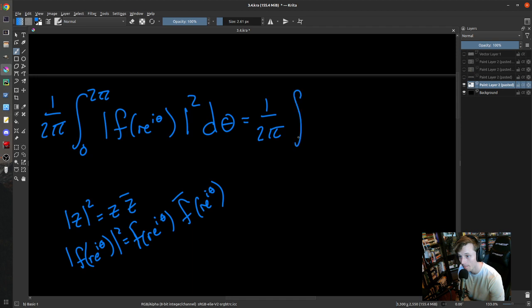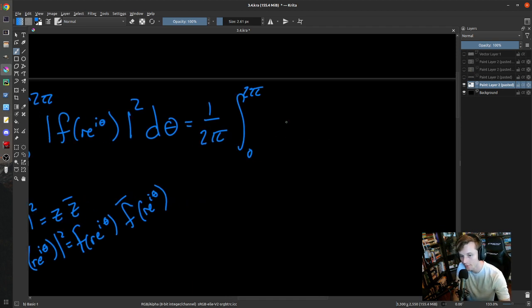Okay. Integral from 0 to 2 pi, and we'll do that. But just to save ourselves a step and a little bit of time writing, let me write out f of r e to the i theta as the sum from n equals 0 to infinity of a_n r to the n e to the i theta n.